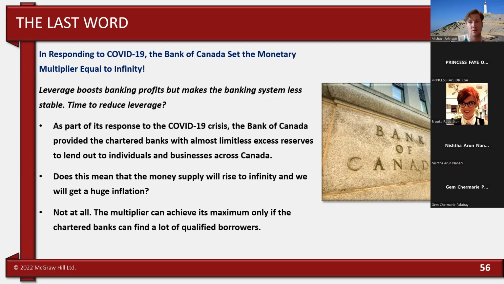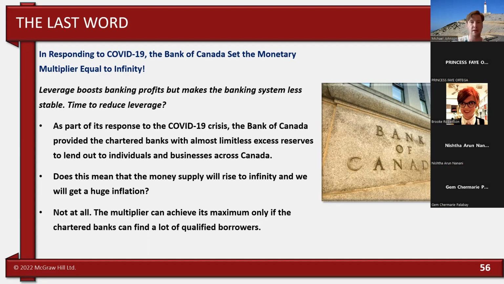So the central bank lent RBC, TD Bank, Scotiabank, Bank of Montreal, National Bank, and other charter banks in Canada almost limitless money, to lend to people across Canada to keep the economy growing in the COVID-19 pandemic.